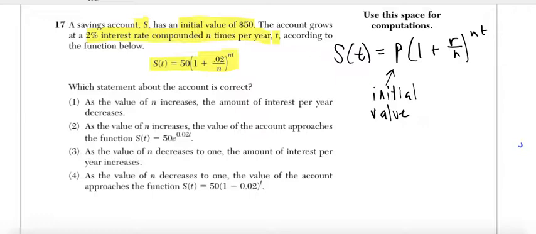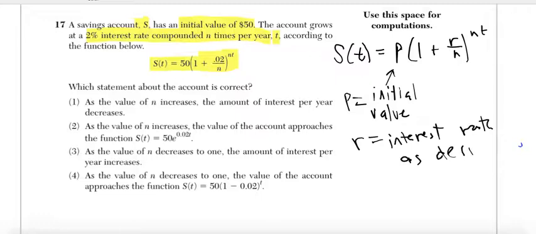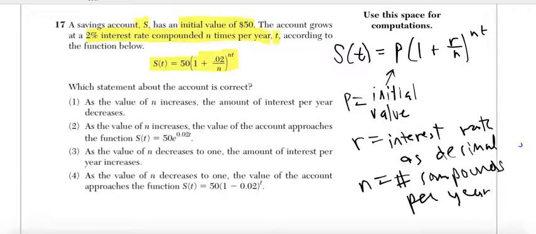P is the initial value called the principal. R is the interest rate as a decimal. N is the number of compounds per year. And then t is just the number of years.